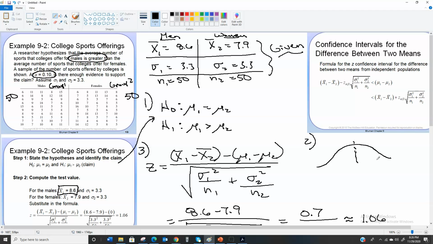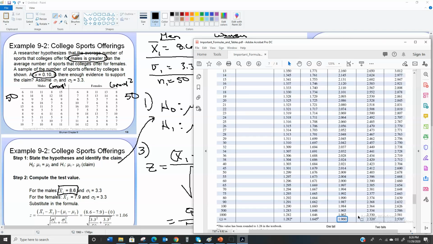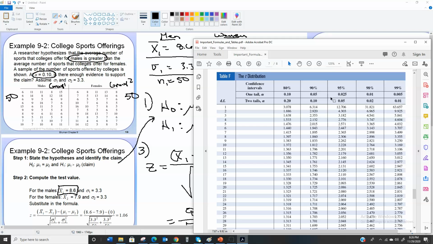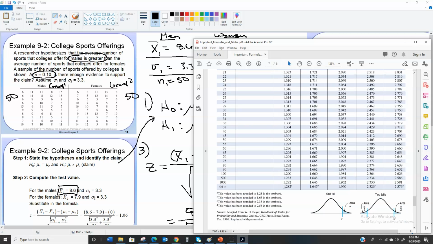So we only have a shaded region on this side. We know it's a one tail and a z-test, so we go all the way to the bottom, with one tail 0.10, and we get 1.282.